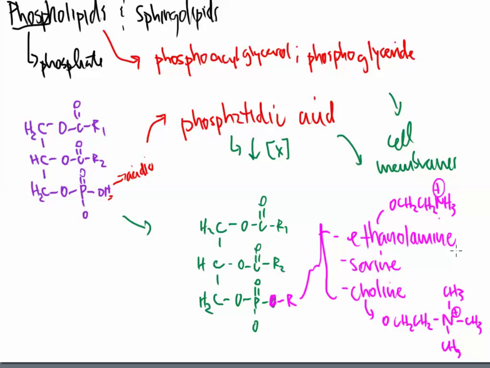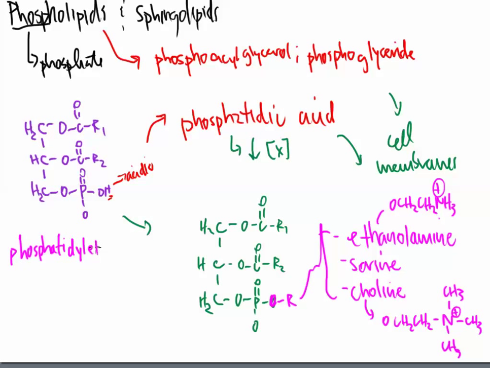These have other terms that we use to describe them. Our phosphatidyl ethanolamines are typically called cephalins. So let me go ahead and write that out here. It's going to be long, so bear with me.